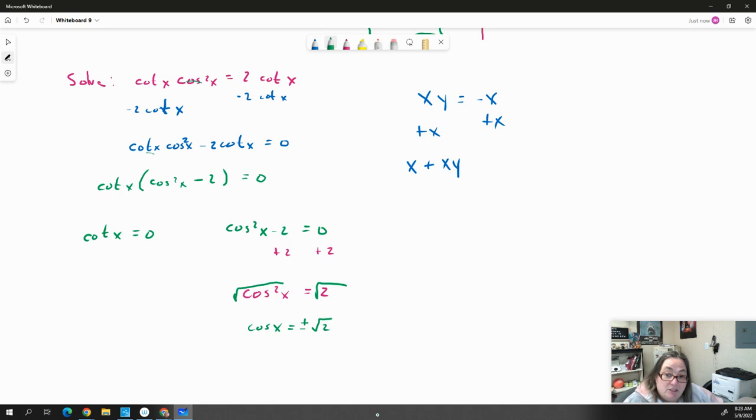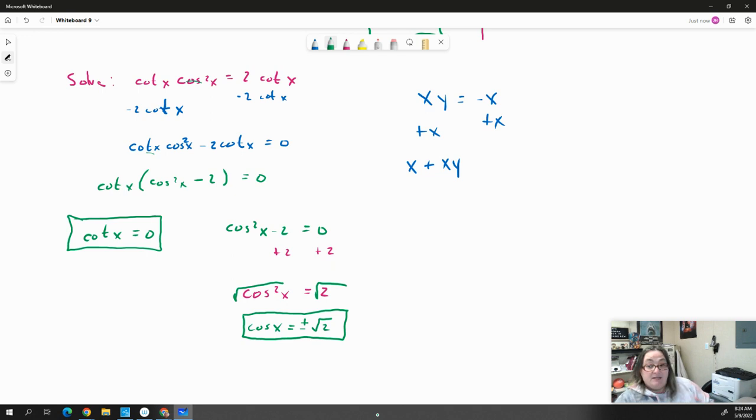So our two solutions would be cotangent of x equals 0, because we could not simplify that anymore, and then the simplified one of cosine of x equals plus or minus radical 2. You're going to have to play with these types of problems a little bit.